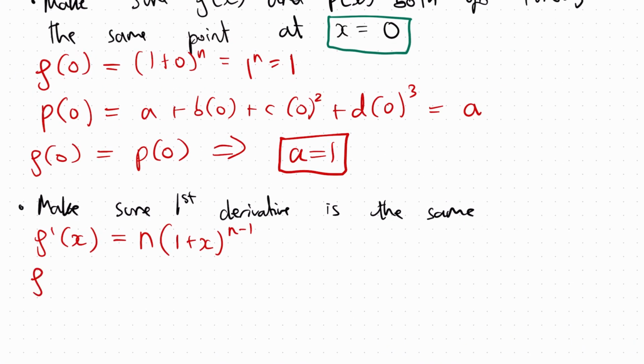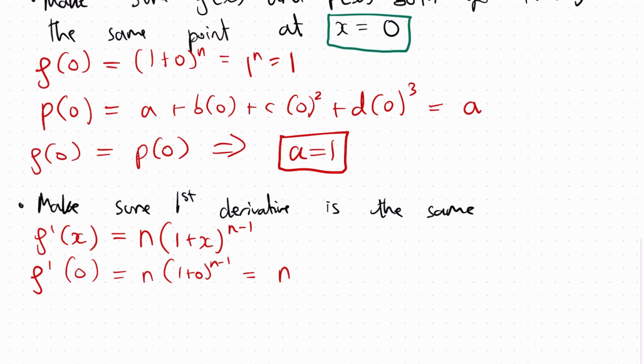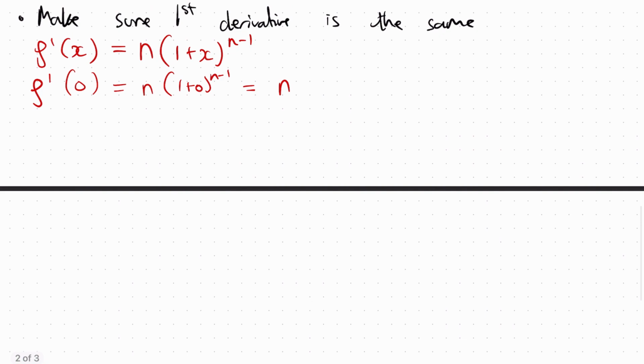So f dash of 0 is just going to be n multiplied by 1 plus 0 to the n minus 1. And again, remember that this is just going to be 1, so 1 to the power of anything is just 1. So this is just n. And let's do the same process for p dash of x.